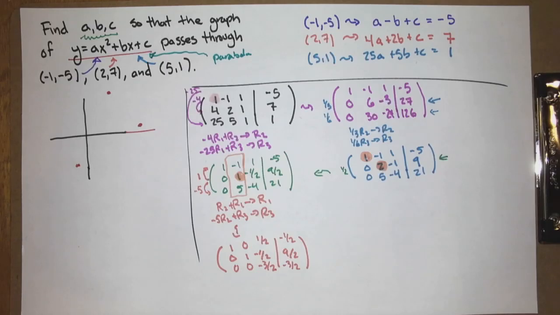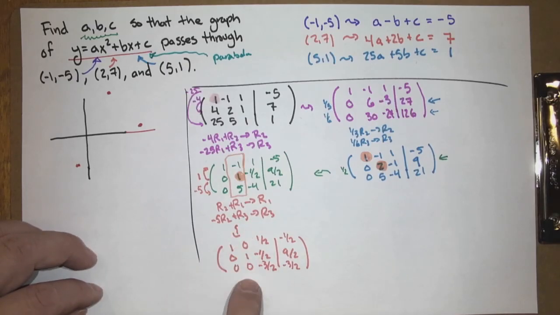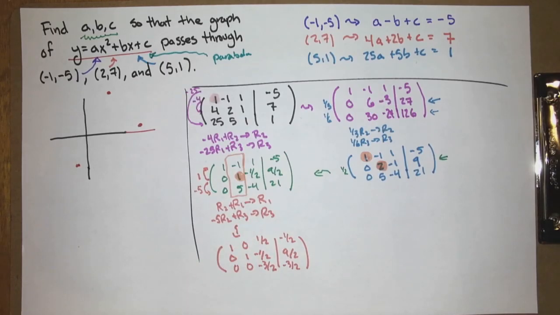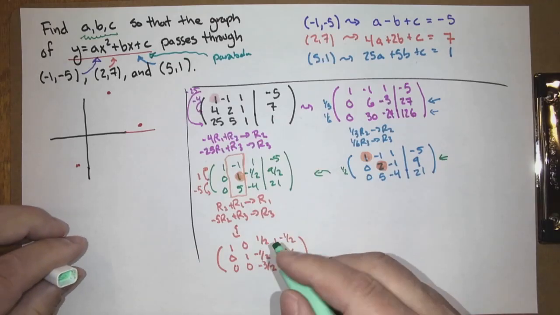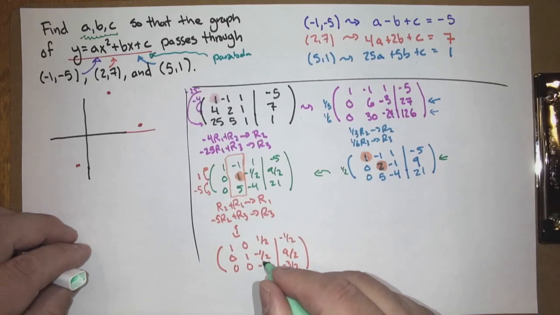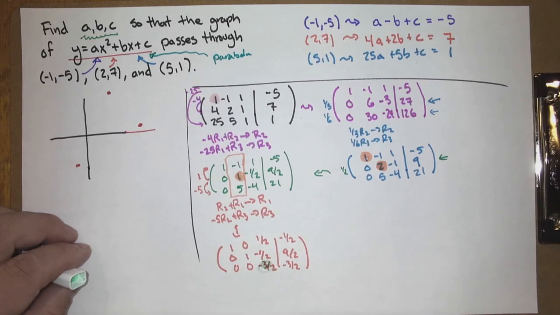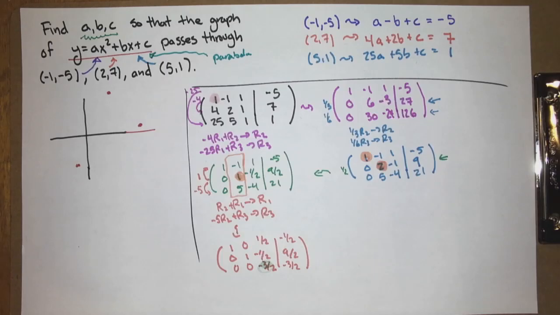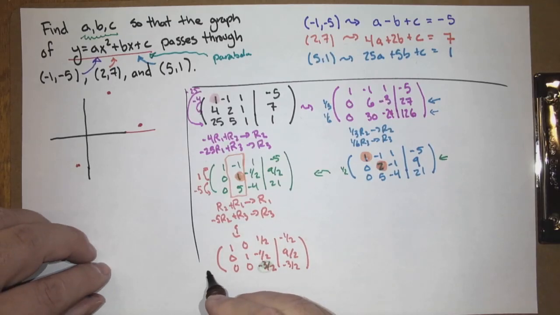Now we're happy with the first and the second column. We come to our final column. We say, all right, we have to make that entry, that minus 3 halves, a 1. Well, what do we do? Multiply by the reciprocal and negative.